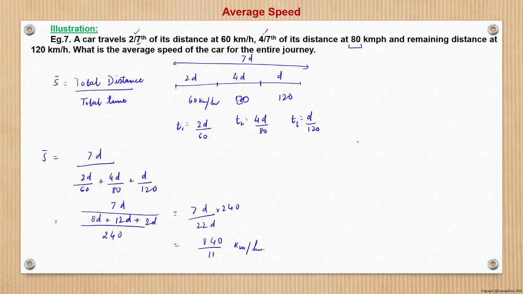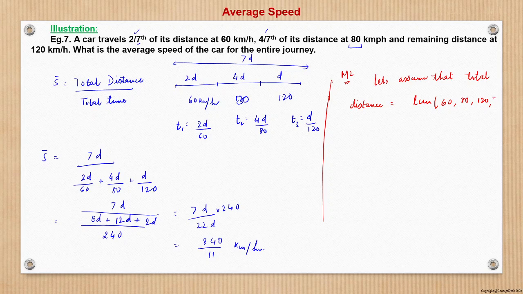And this approach we have seen many a times, that if such is the case, we can also assume that total distance is equal to the LCM of all the speeds given, that is 60, 80 and 120, and further we can include 7 also, because 7 is there in the fraction.